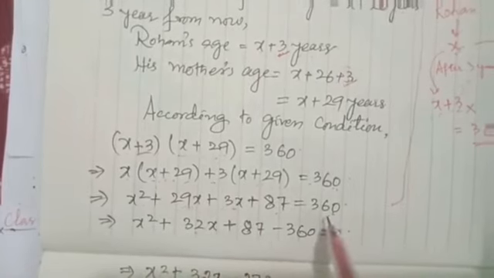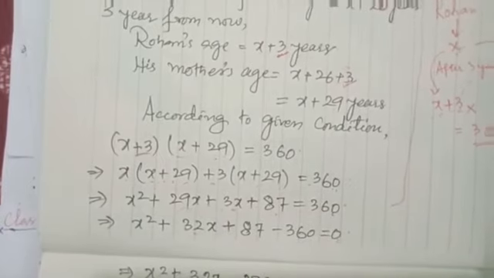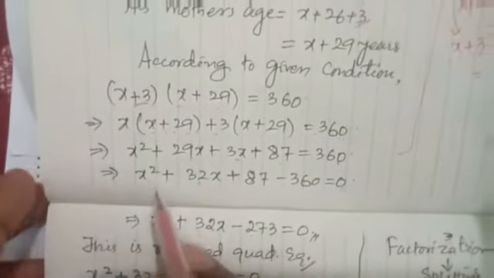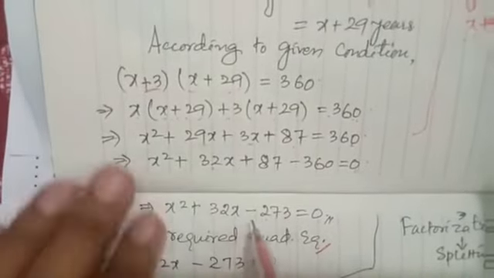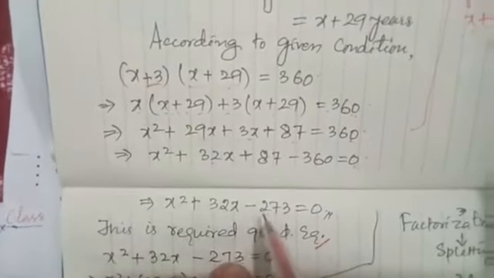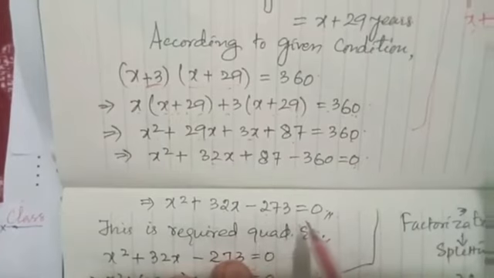We will transpose this 360 to the left hand side. It will be minus 360 is equal to 0. Then x square is here, 32x is here, and here we do the subtraction and write minus 273 is equal to 0. This is the required quadratic equation.